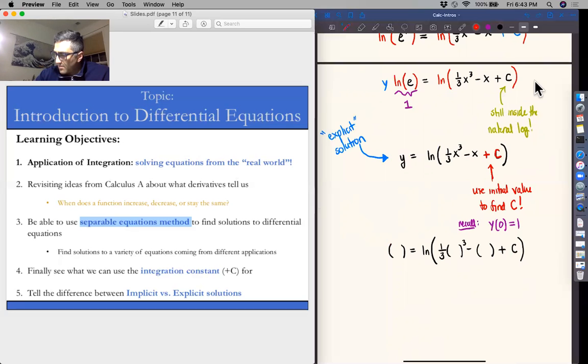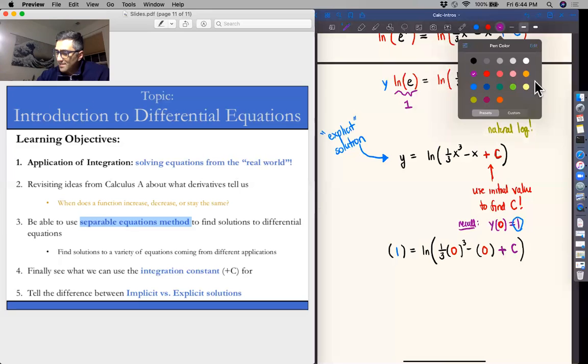So again, anywhere there is a y, we plug in 1. Anywhere there's an x, we plug that in as 0. And now what you notice is the last unknown thing we still have, that plus c, we can fully figure out what it is in terms of a numeric value.